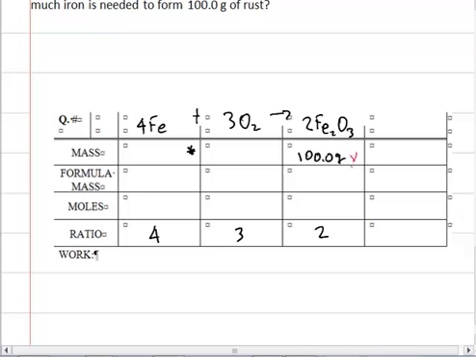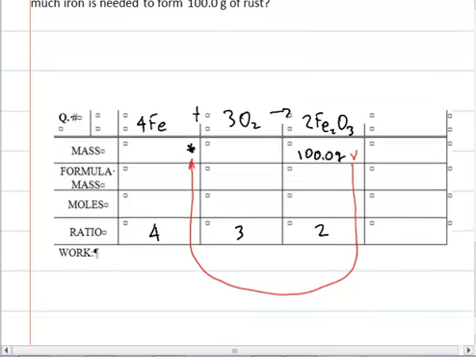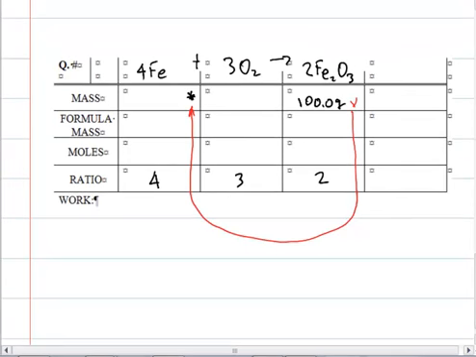We're starting here, we're going to go down this column, and then we're going to go up that column. And remember, our rule is divide down, multiply up. In this situation, we're going to need the formula mass for the iron oxide, the Fe2O3, and for the iron. So let's go ahead and calculate that.